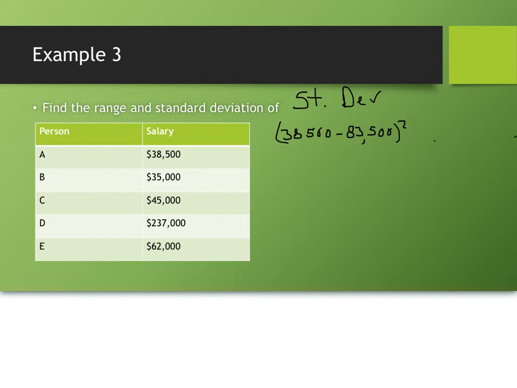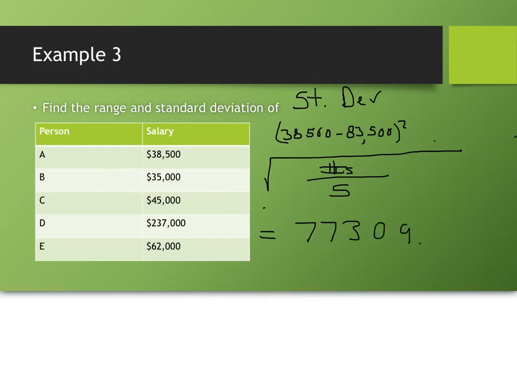All right, so hopefully you've done that. Again, we're going to add up all these numbers, divide by 5, take the square root, and you should get around $77,309.77.